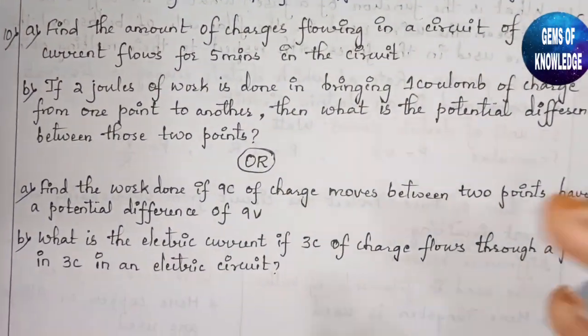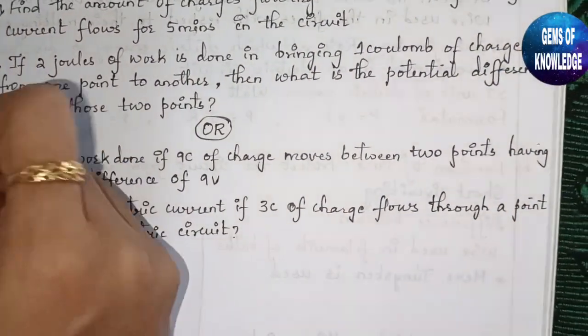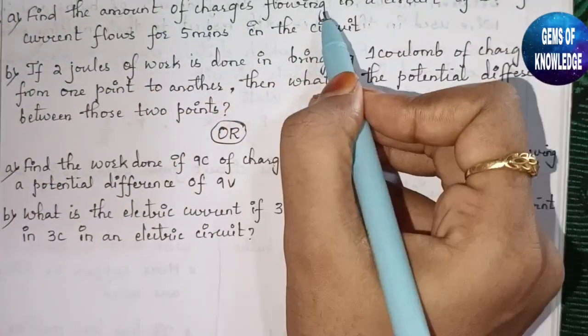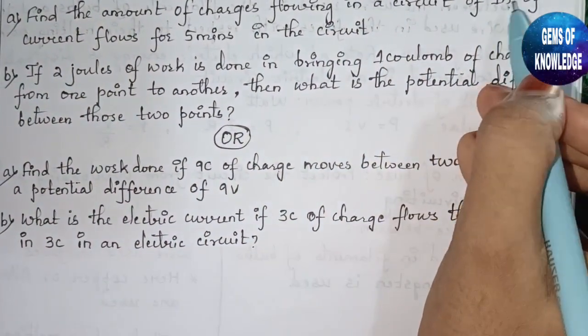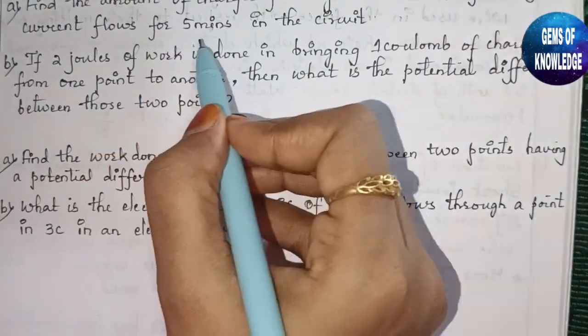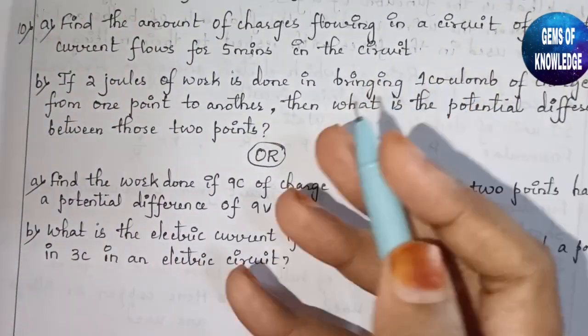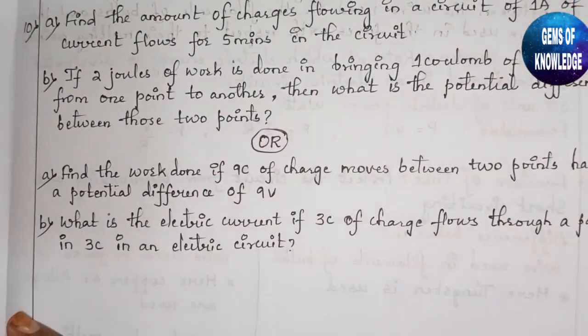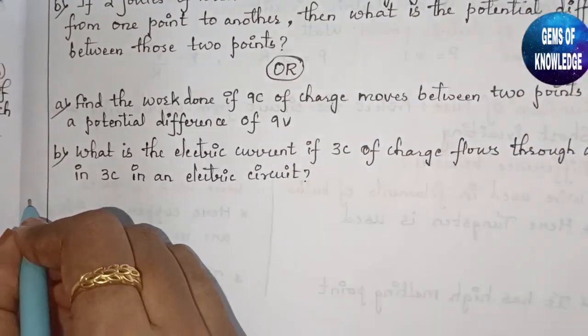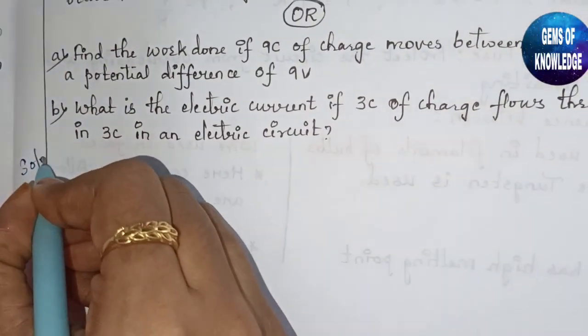Next question, 10th one. Find the amount of charge flowing in a circuit if 1 ampere of current flows for 5 minutes in the circuit. Let us solve the question here.